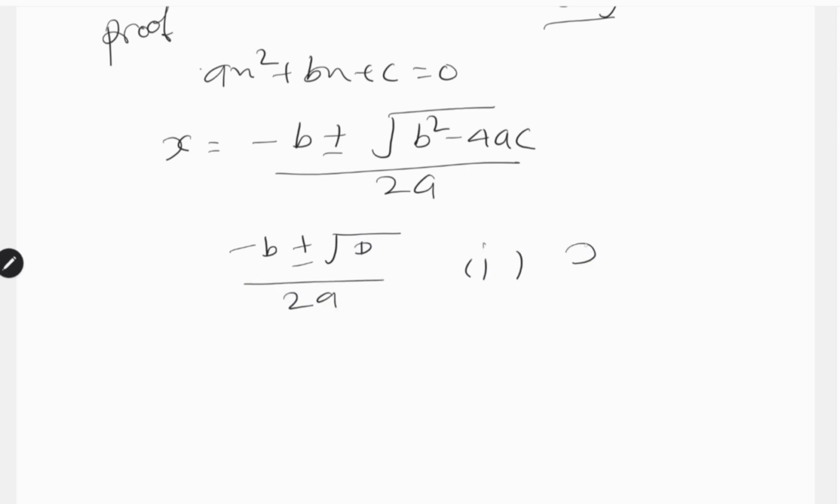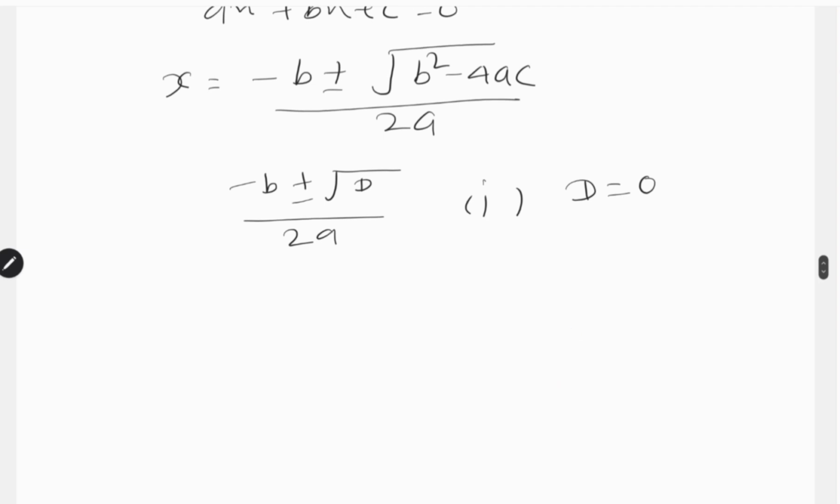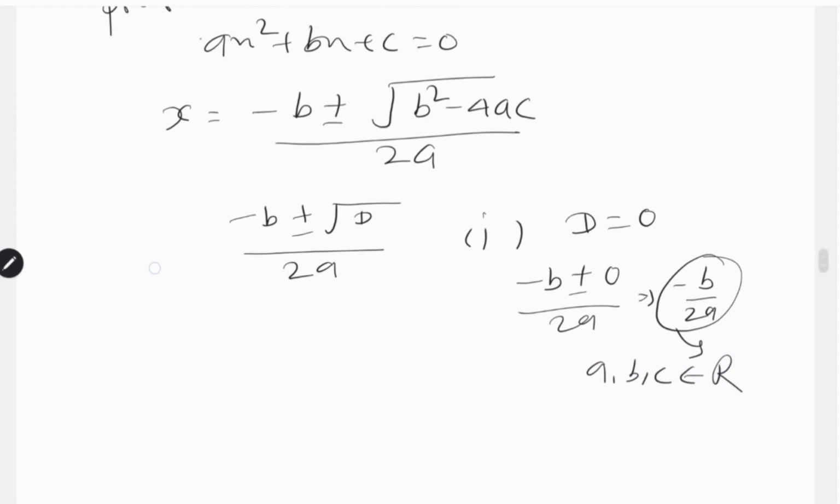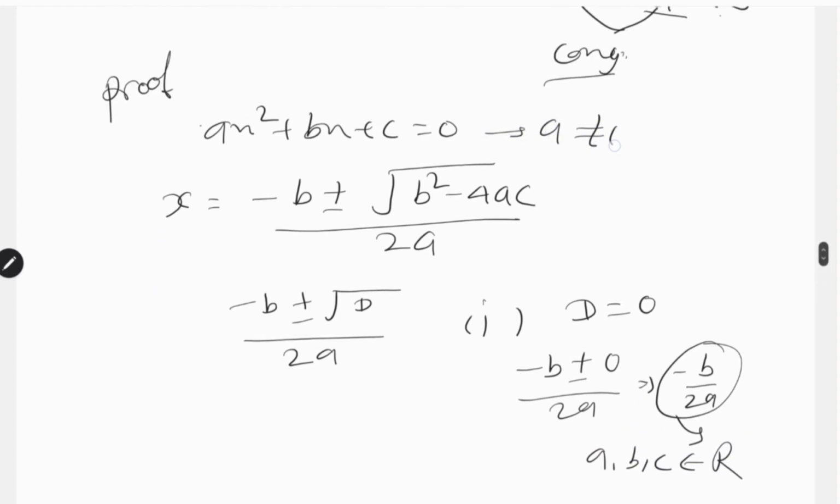First condition: if D equals 0, then the root is (-b ± 0) / 2a, so the root is -b/2a. That is the same and equal, because a, b and c belong to real numbers and a is not equal to 0.